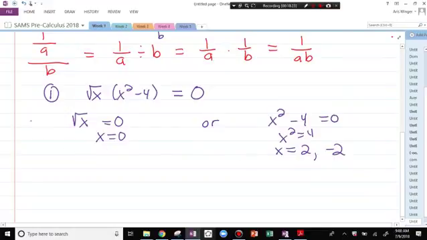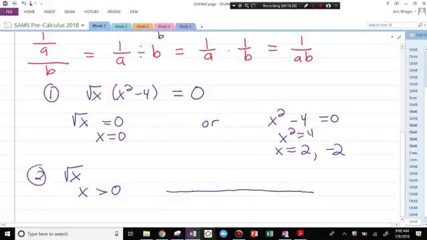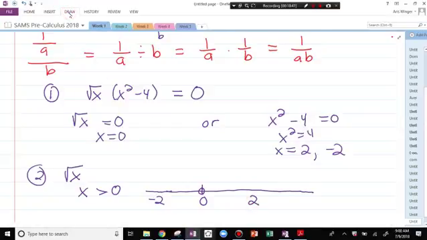All right, so I want to avoid those places, and then I have this funky square root. We just need to make sure that I have the square root of x, so the inside needs to be positive. So it looks like I'm on the positive x-axis. Here is 0. I do not want to include it. I need to also include this negative 2? Actually not. I want everything bigger than 0, so all this stuff is already out.